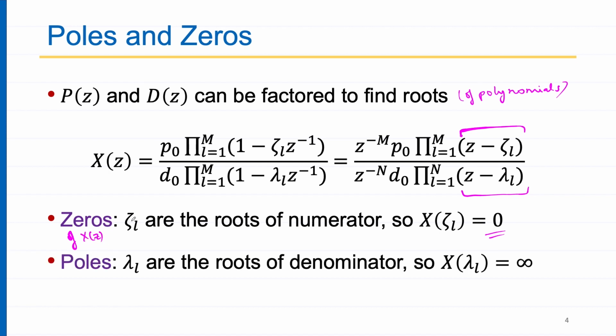And now, poles of X(z). What is a pole? Pole means high up in the air, which means X(z) approaches infinity. Of course, it cannot be infinity absolutely, but the value approaches infinity as z approaches lambda L. So these are the roots of the denominator. That is why these are called the poles.